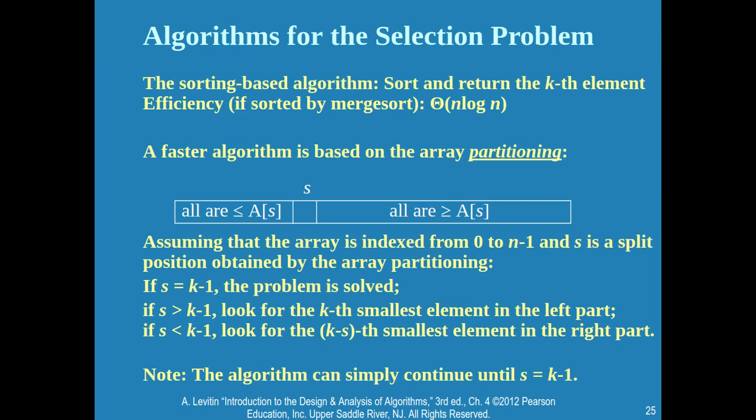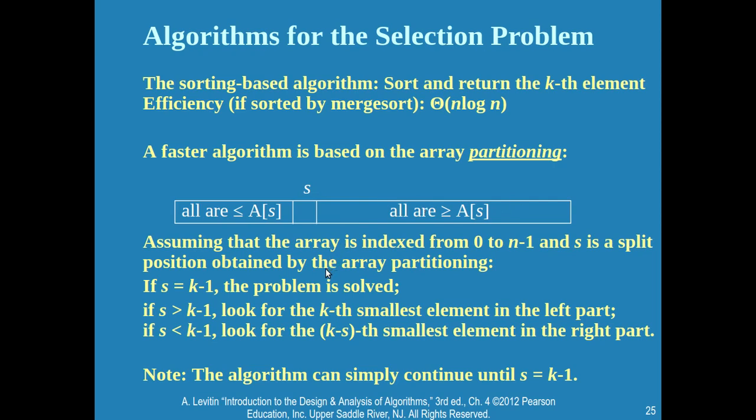However, there's a smarter way of doing it. A faster algorithm has been developed, and it's based on array partitioning. The idea here is that you can partition your array such that at this anchor element here, all of the elements to the left of it are less than it, and all of the elements to the right of it are greater than it.